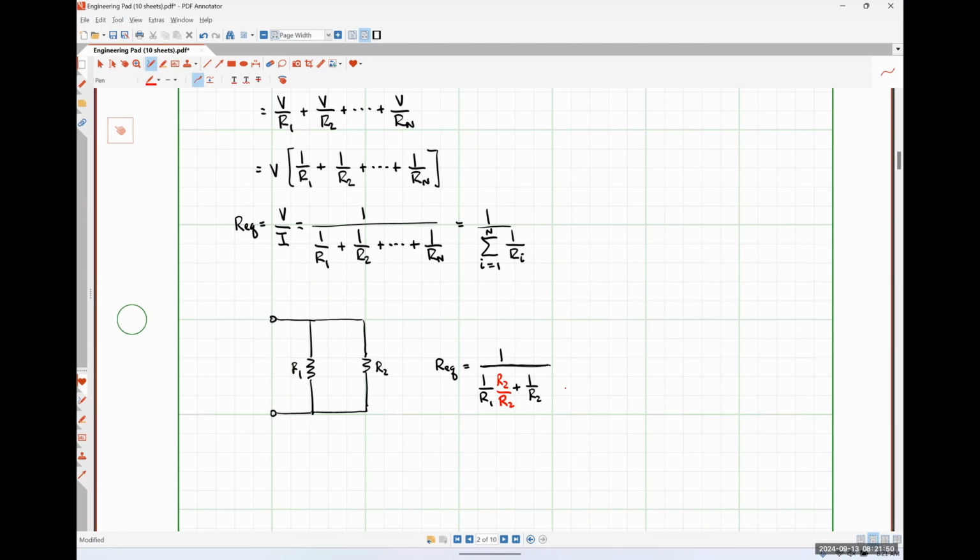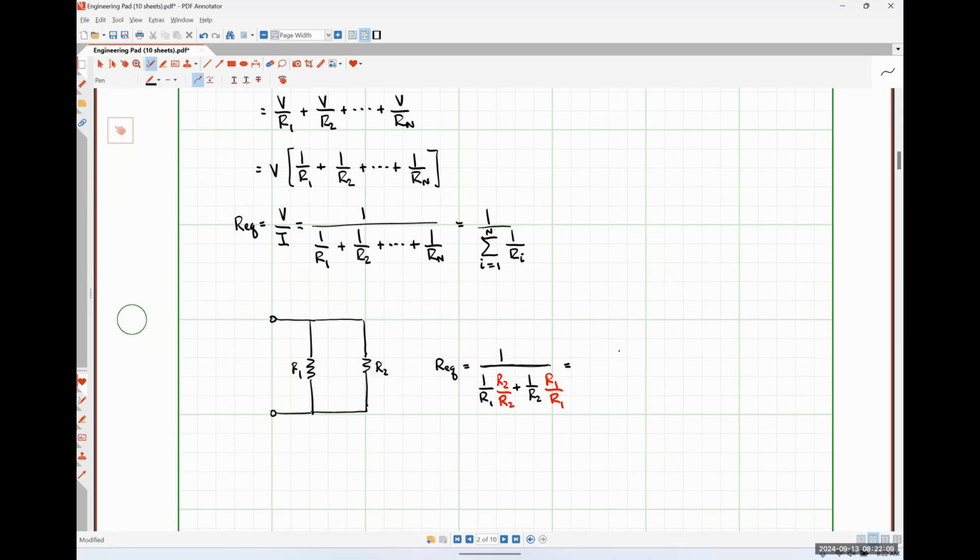Similarly, I'm going to multiply that 1 over R2 term by R1 over R1. So what that does, in aggregate, is effectively give me a common denominator so that I can simplify this thing a little bit.